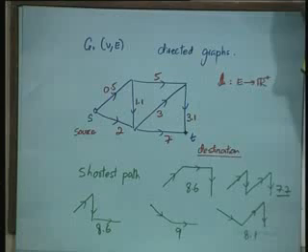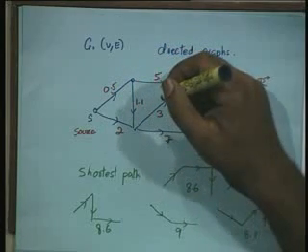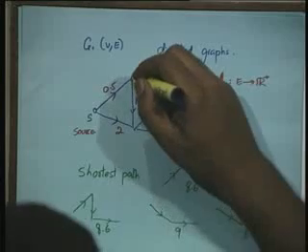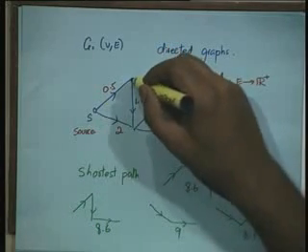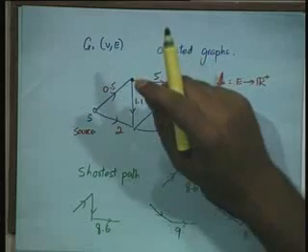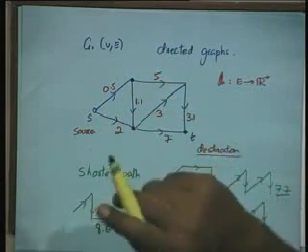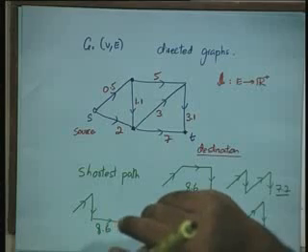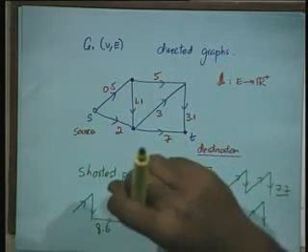Adjacent ones? Minimum of the adjacent ones. We know by looking at this that the shortest path from S to this vertex is 0.5. But the shortest path from S to this vertex is not 2. So we can't say that I know the shortest path from S to every adjacent vertex.